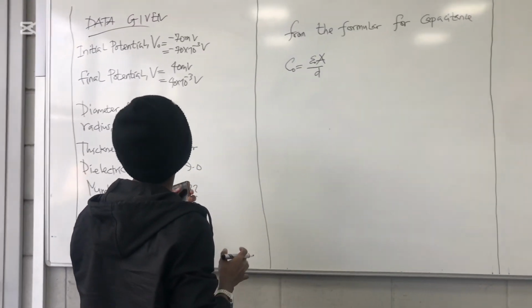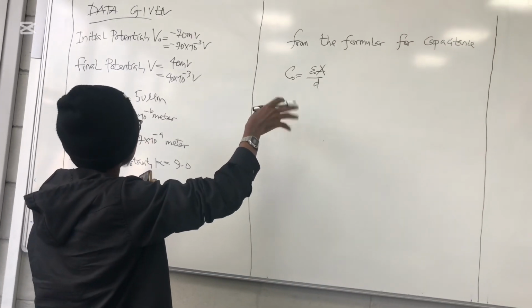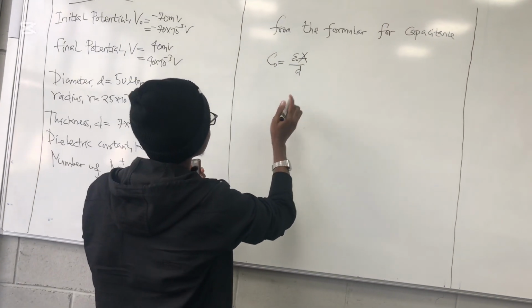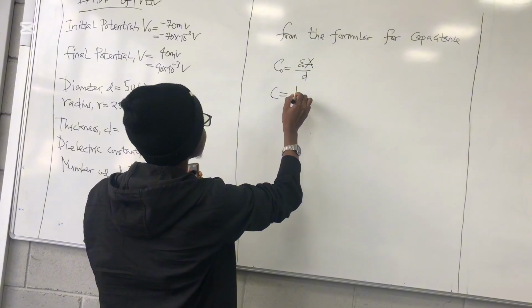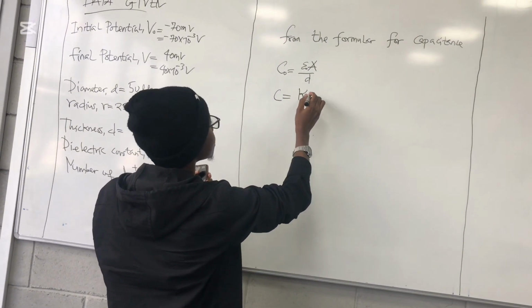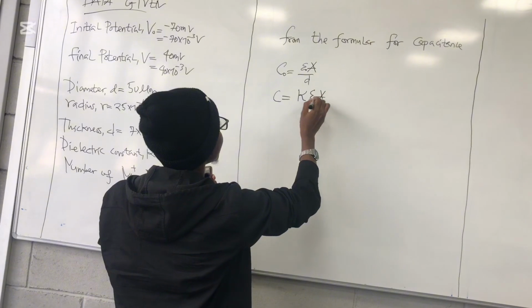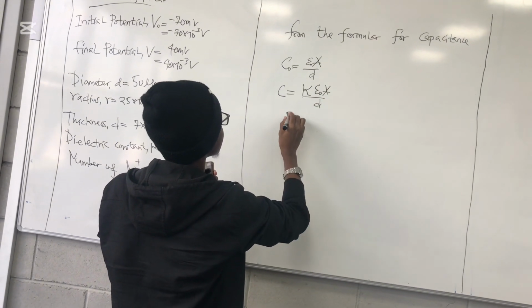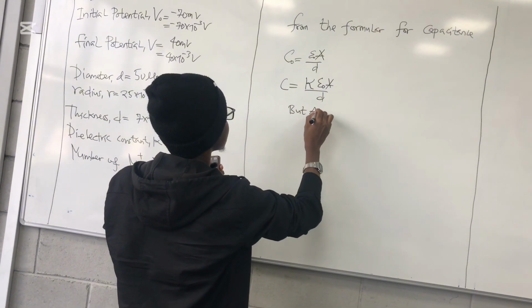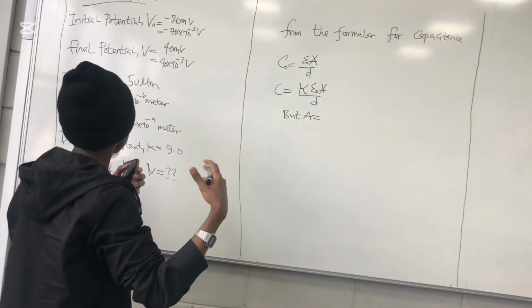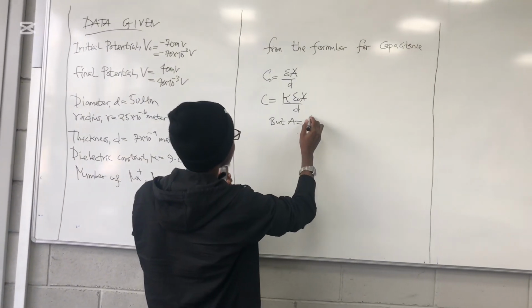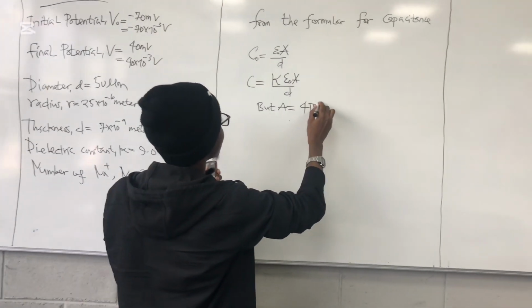But since the cell membrane is separated by a cell wall, there is a dielectric material. So the capacitance C will be given by the dielectric constant K, epsilon naught times cross-sectional area A divided by d. But for A, because we assume that the cell is a sphere, we can use the area of a sphere, which is 4 pi r square.